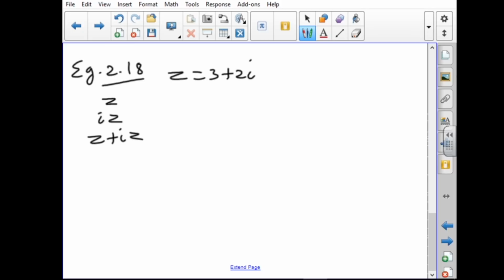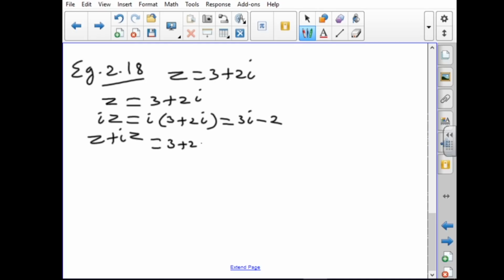So, what is z? z is equal to 3 plus 2i, and iz is i into (3 plus 2i). So, this is equal to 3i minus 2, and z plus iz is 3 plus 2i plus 3i minus 2, which is equal to 1 plus 5i.